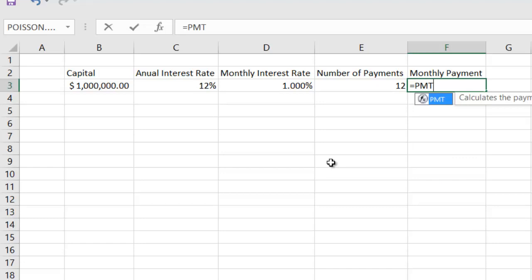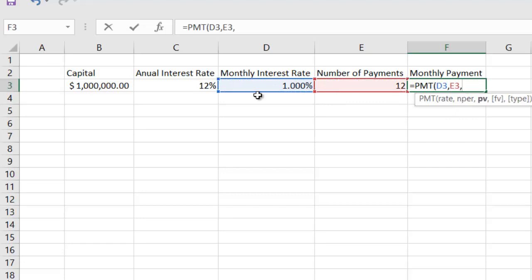So we're going to type in PMT, and it's going to ask us the rate, the number of payments, and the capital. The rate, we're going to choose this one, then the number of payments, and the capital.